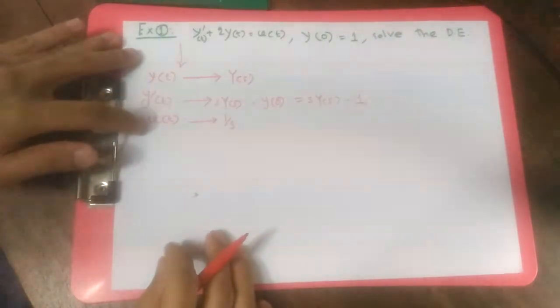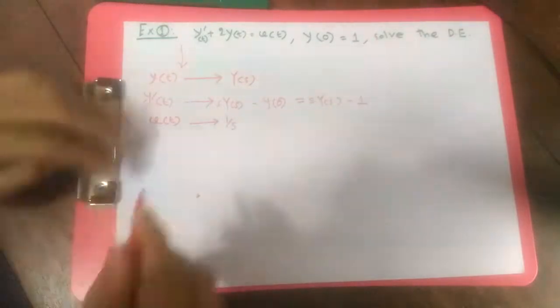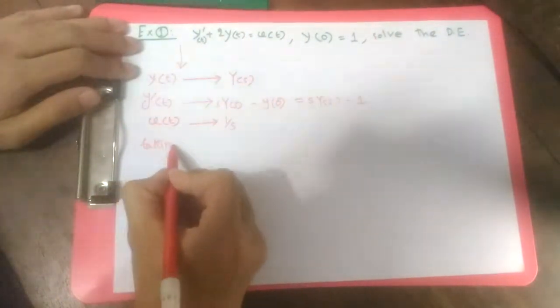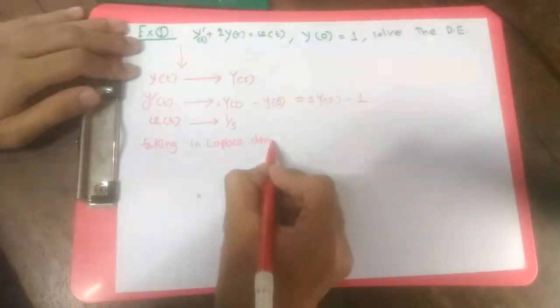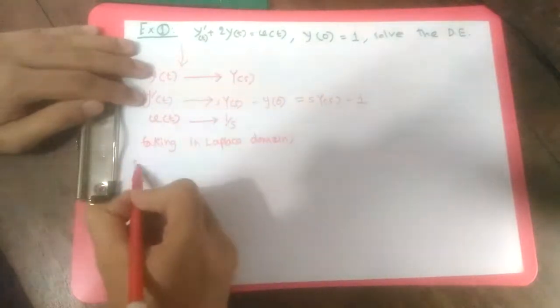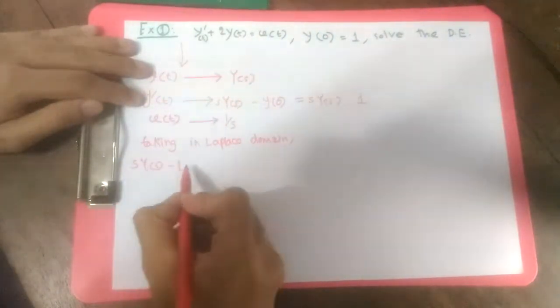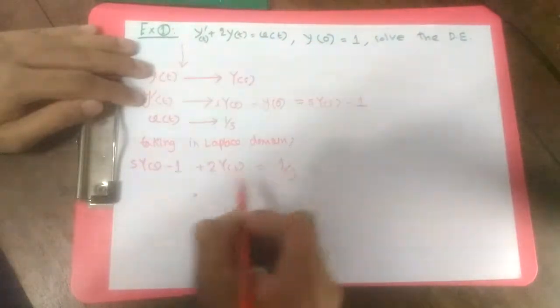So now, since we know the Laplace transformation of all the terms, we can take the whole equation into the Laplace domain. What do we get? If we substitute for y dash, we will get s Y of s minus 1 plus 2 Y of s is equal to 1 by s.